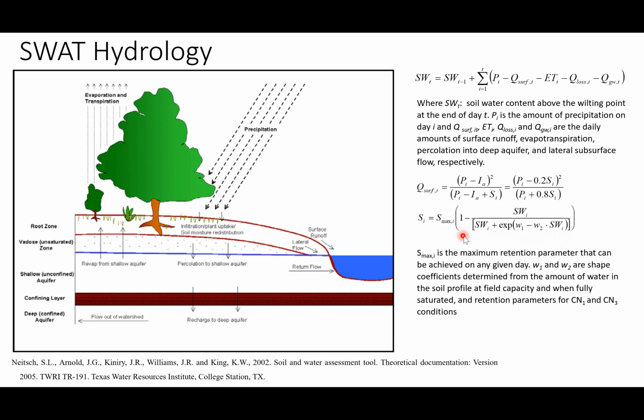And this is the equation that SWAT uses to create the maximum soil retention parameter, and this is used in the curve number equation, and then this is used here to calculate the soil water balance. So this is a very quick overview of the hydrology used in SWAT. You can look at this document to get more information on how all these are calculated.